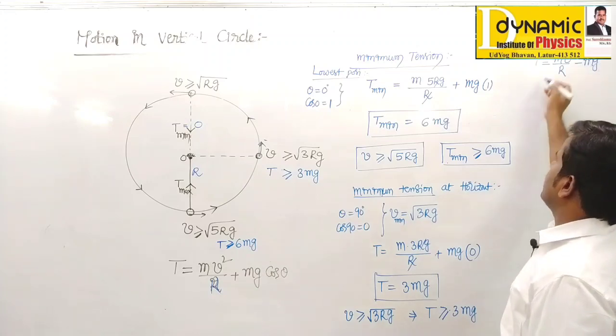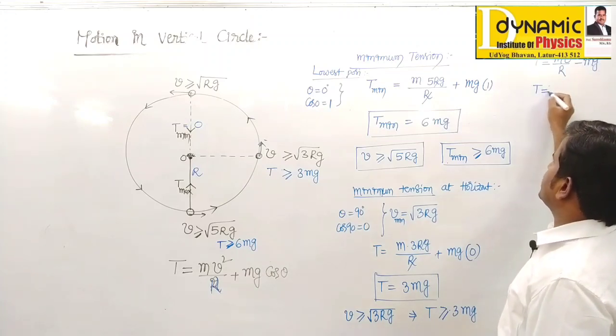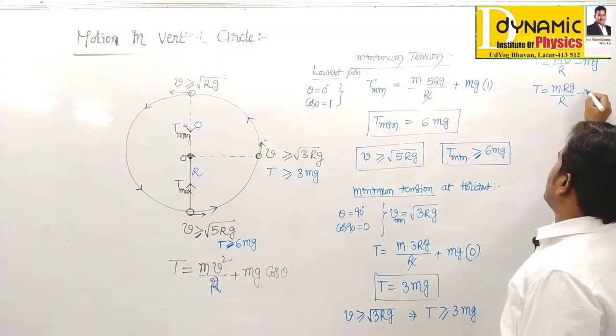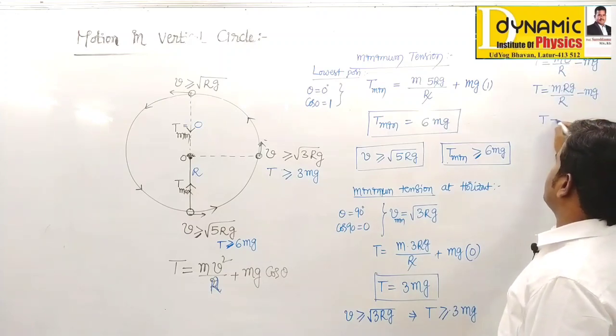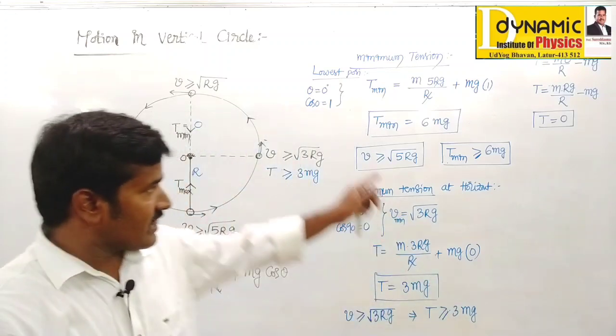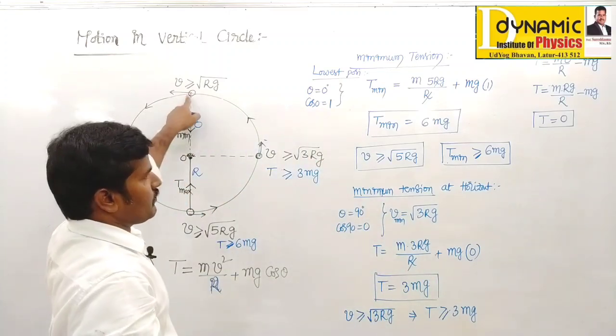So T equals m times rg upon r minus mg, that is mg minus mg. Its value becomes 0. Tension becomes 0 at the topmost position.